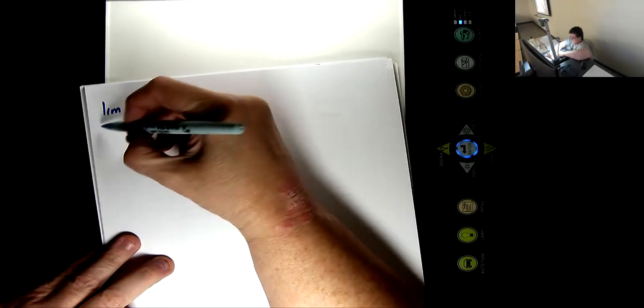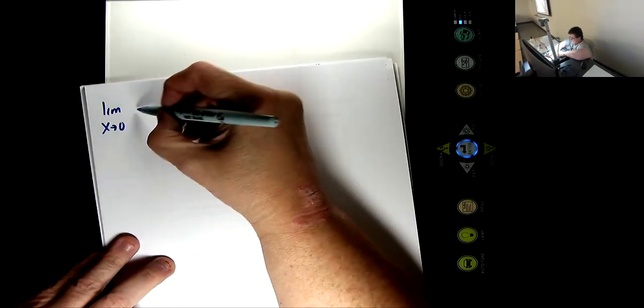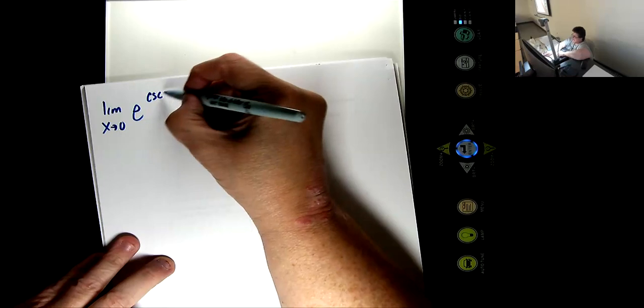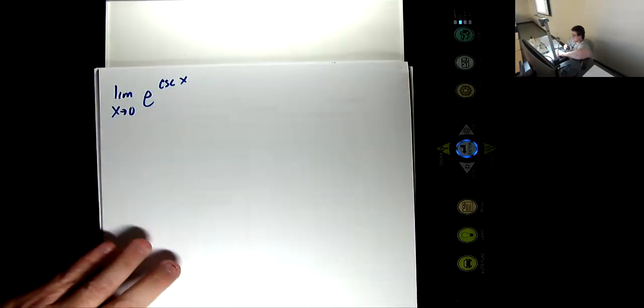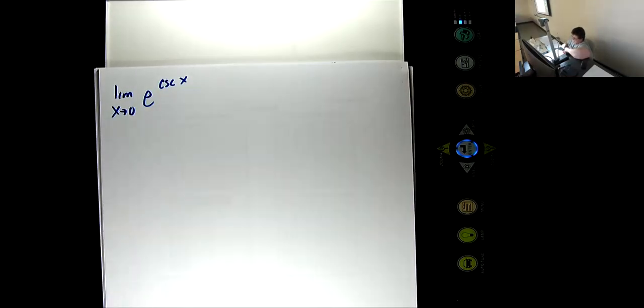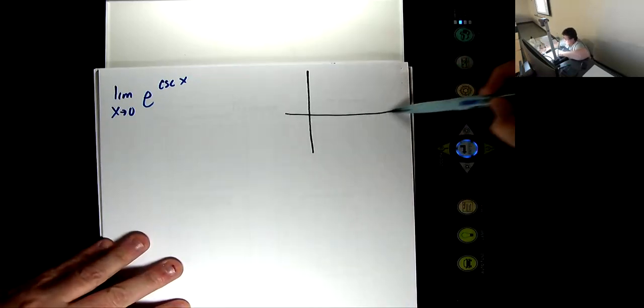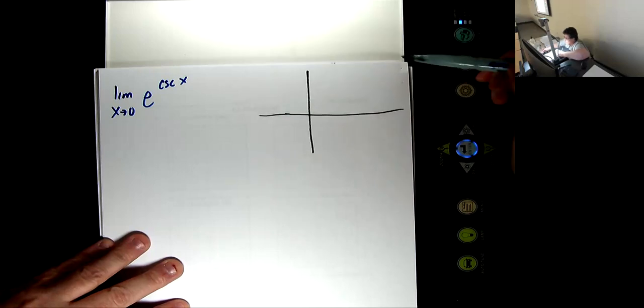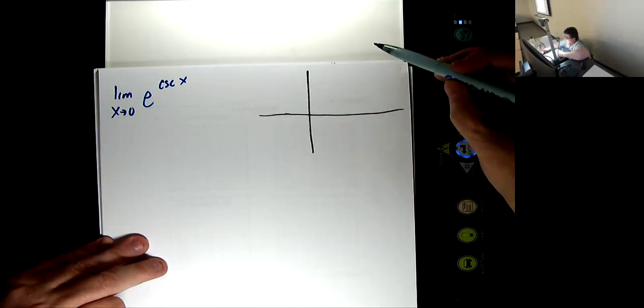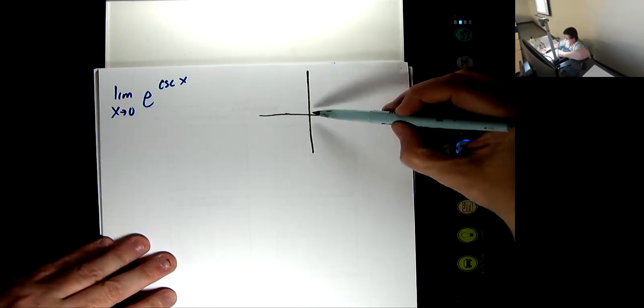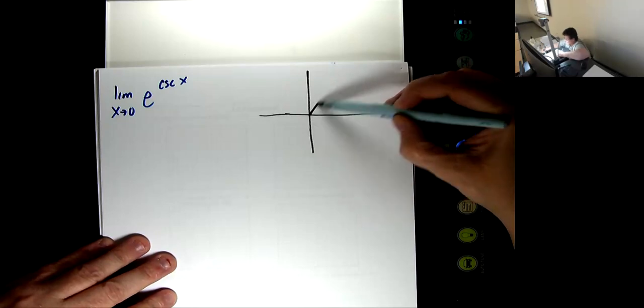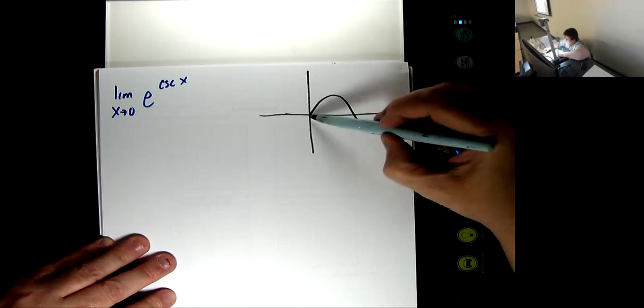Let's take a look at the limit as x approaches 0 of e to the cosecant x. Now, this might require you to plot it. I don't really remember what cosecant looks like, but I know it's related to sine. So if I plot the sine graph, I get this.